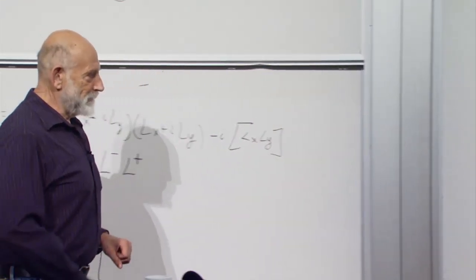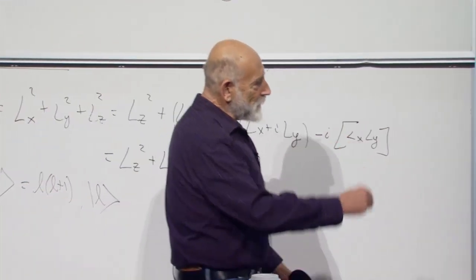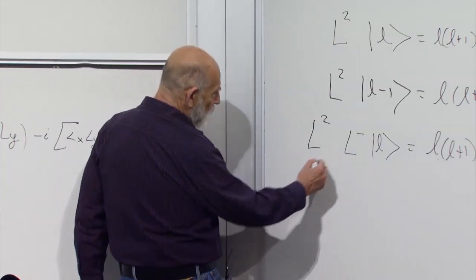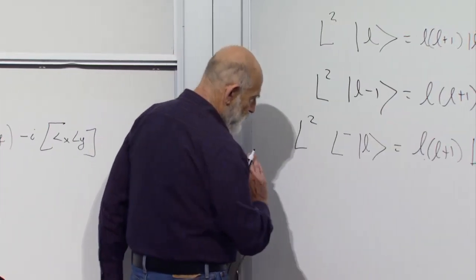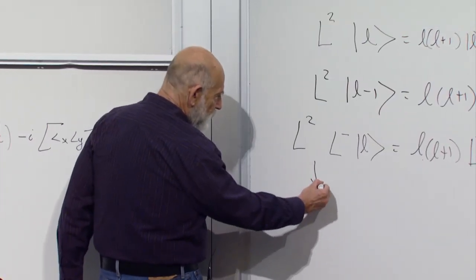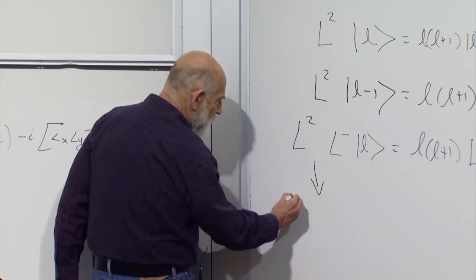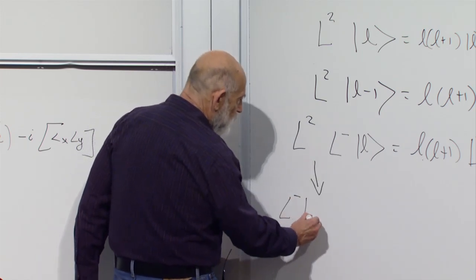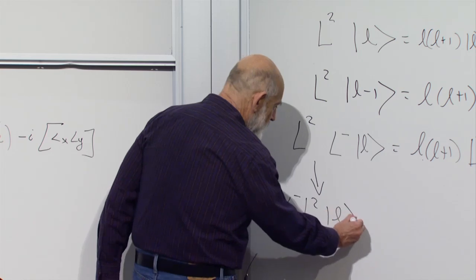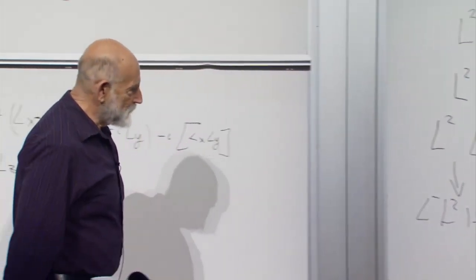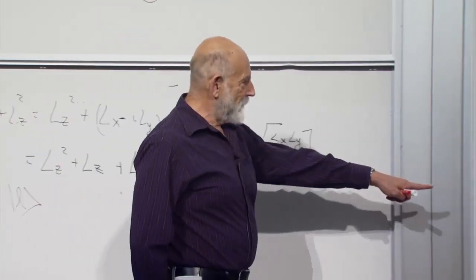Supposing we discovered that. Then I could say that this was also equal, we're trying to prove this relationship, I would then say that this is equal to L minus times L squared on L, right? But what's L squared on L?